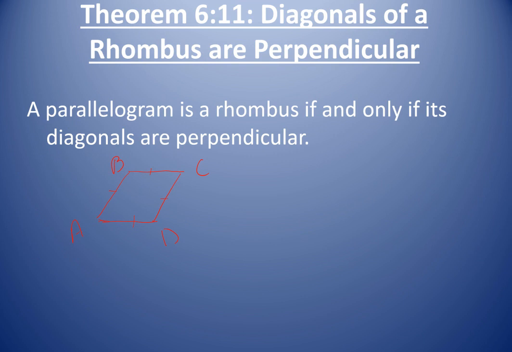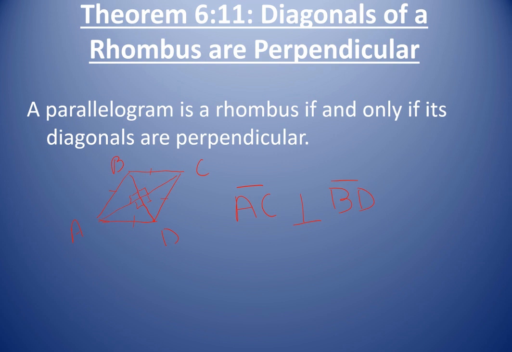Theorem 6.11 says that if it's a parallelogram, if it's a rhombus, then its diagonals are perpendicular. So its diagonals are AC and BD, and if it's a rhombus, we know those angles right there in the middle, all 4 of those angles, make a right angle. So segment AC is congruent to, no, wrong, Mrs. Bigelow, is perpendicular to BD.